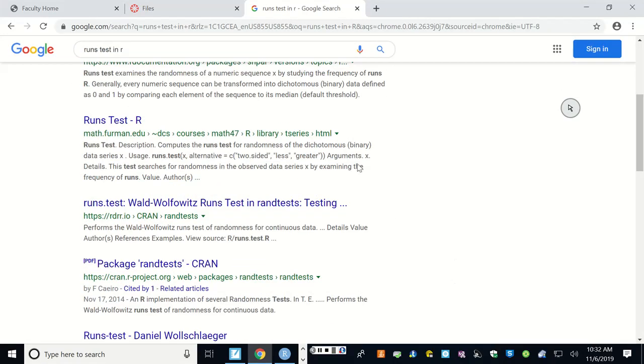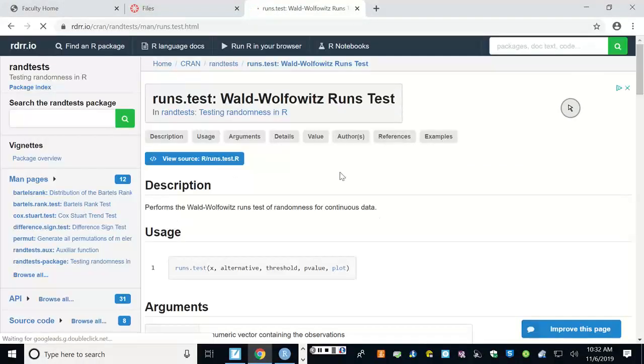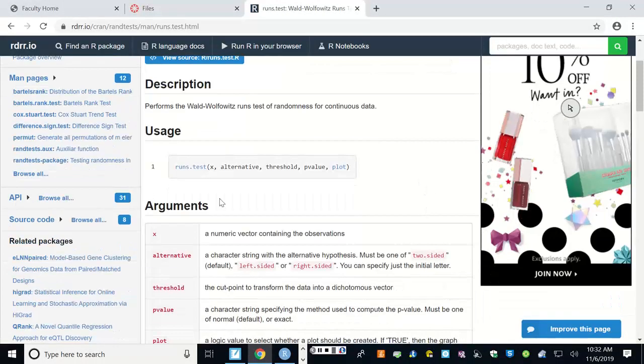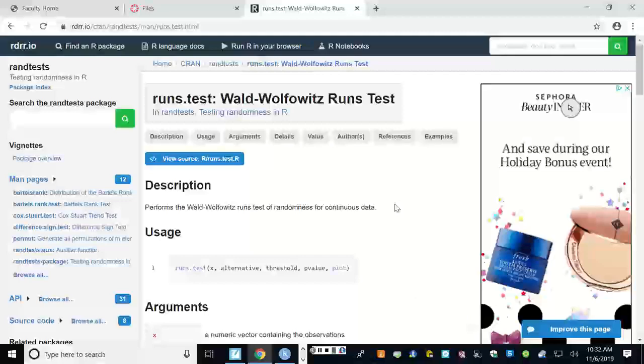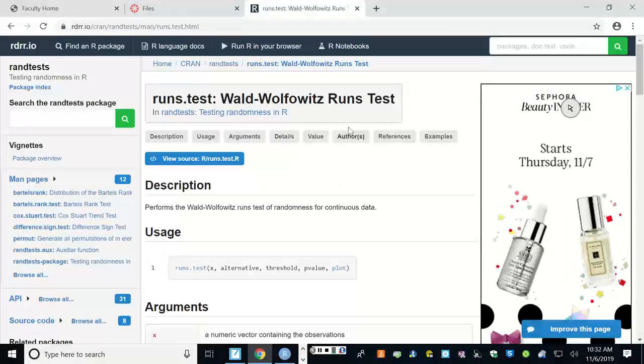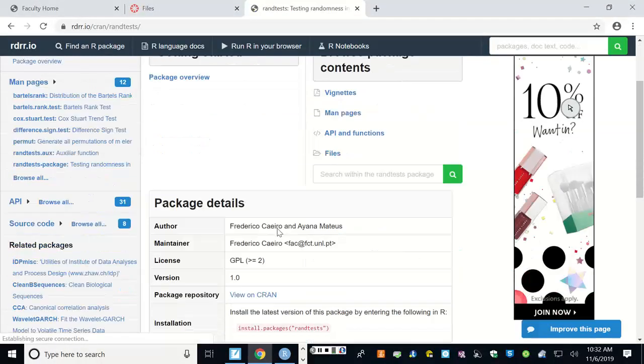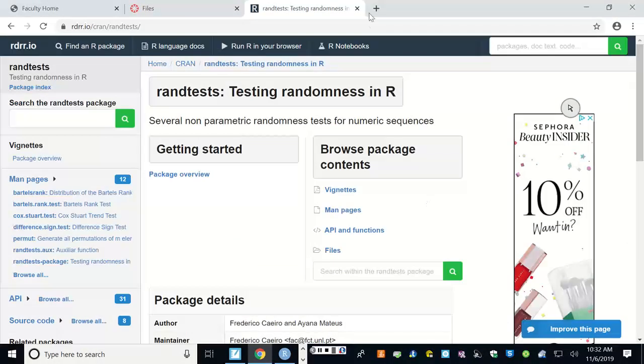It looks like a different time series. Wald-Wolfowitz runs test. This is the one that I was looking at. This runs test is there. Where is this? In randtests. Randtests is the package that's there.